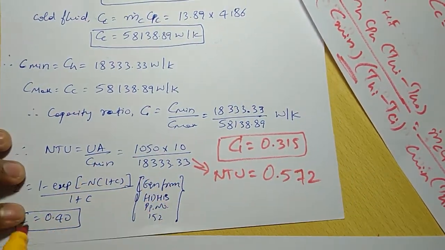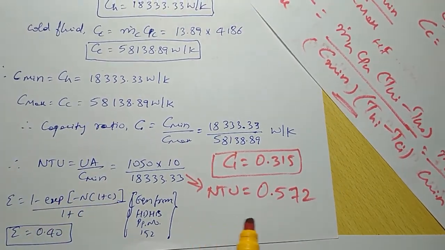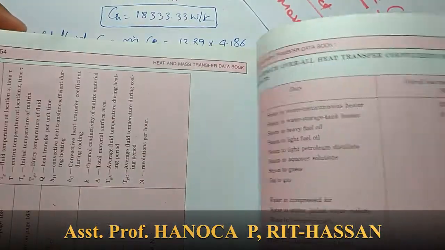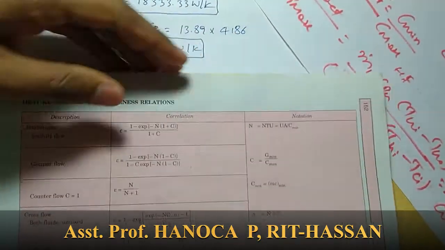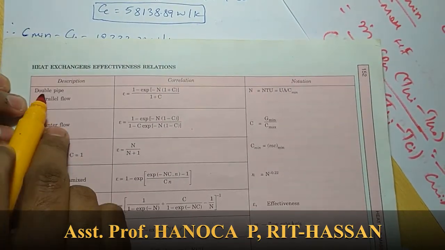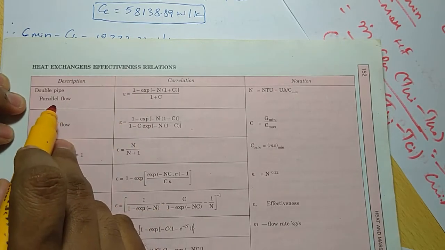See, this is the effectiveness equation that is available in the data handbook. Here you can see the equation, heat exchanger effectiveness relations, that is the NTU and effectiveness.